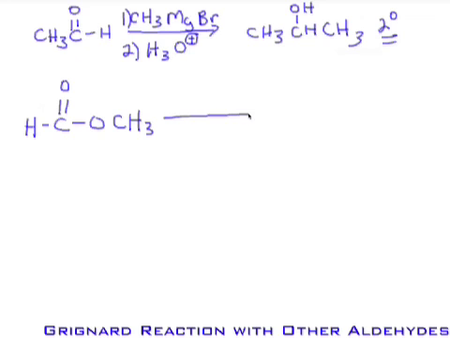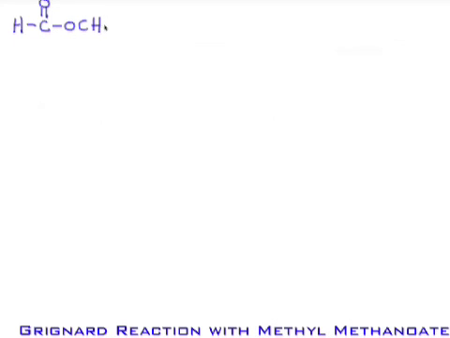What happens if we hit this with the same reagent? Let's write that out again and give ourselves as much room as we can. So methyl methanoate, and I'm going to hit this with 1 methyl magnesium bromide dissolved in ether, let that react, and then 2 add H3O+.